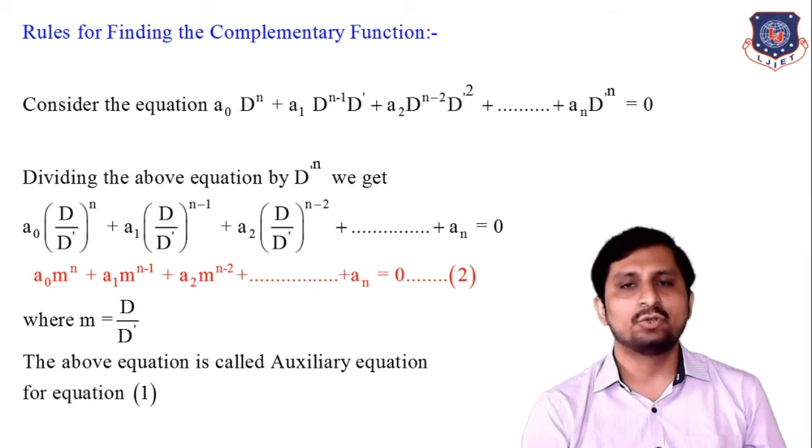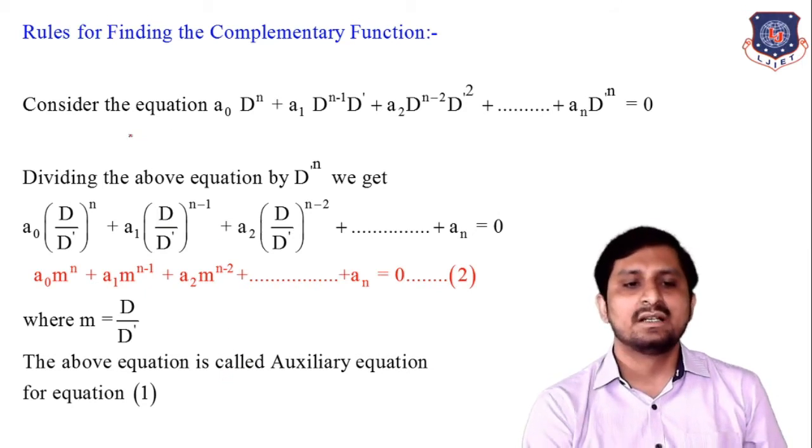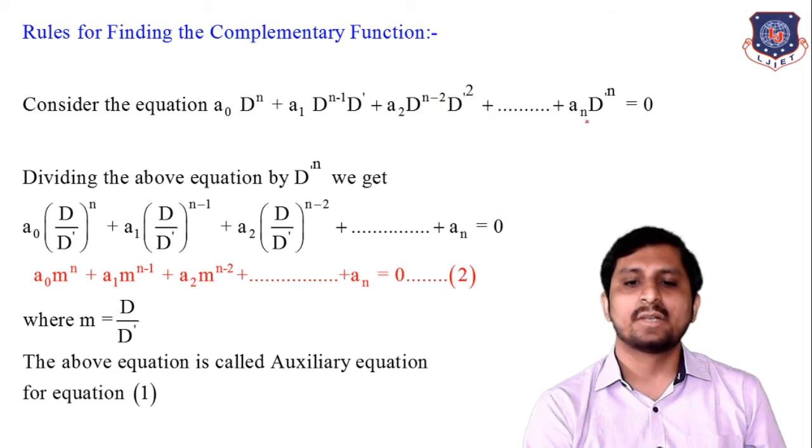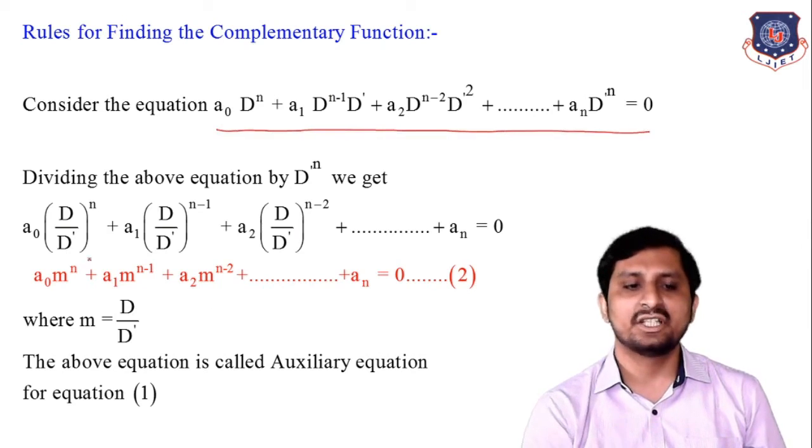For that you have to remember some rules. Consider the equation a0 D raised to n, plus a1 D raised to n minus 1 D dash, plus a2 D raised to n minus 2 D dash square, plus up to an D dash raised to n, that is equal to 0. You can easily get this equation from the original equation.